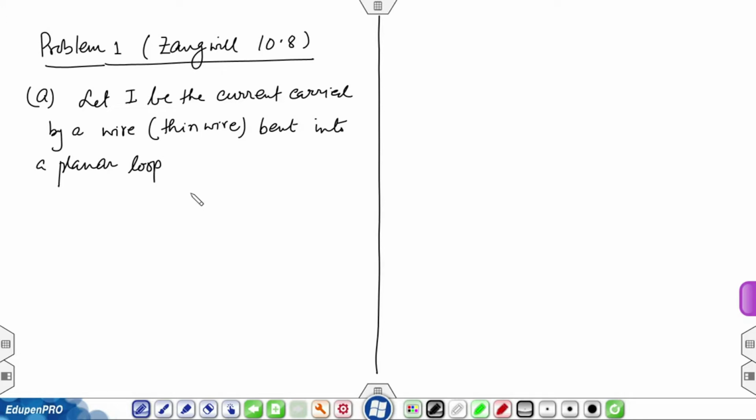So, the problem says that here is a wire that has been bent into a planar loop, and it is carrying current I.